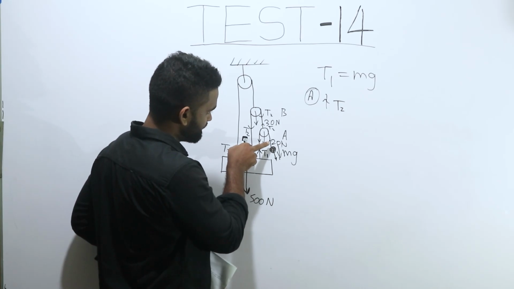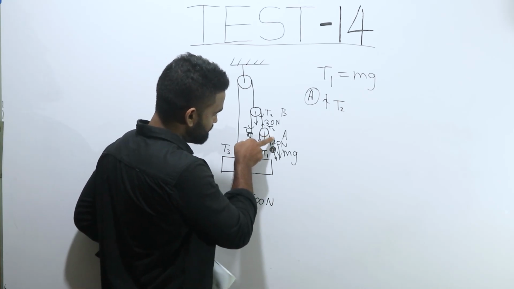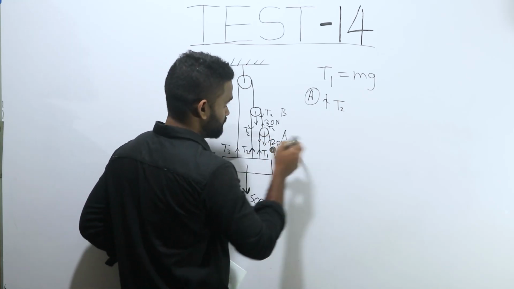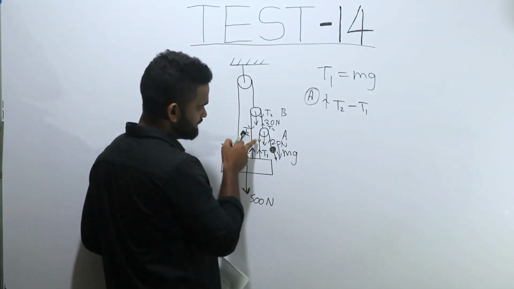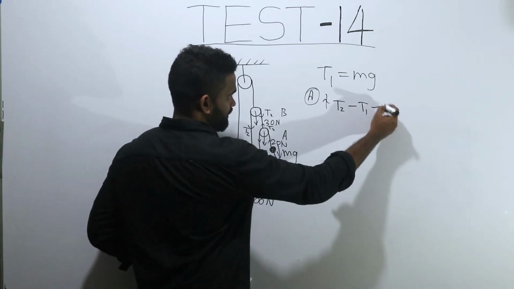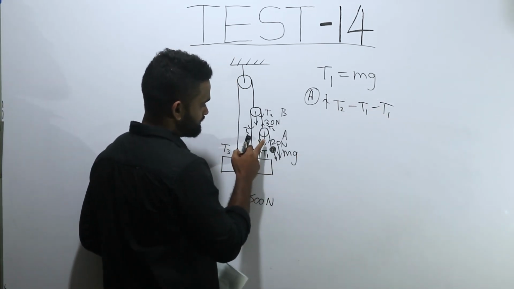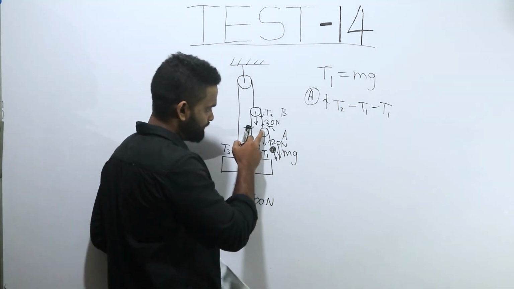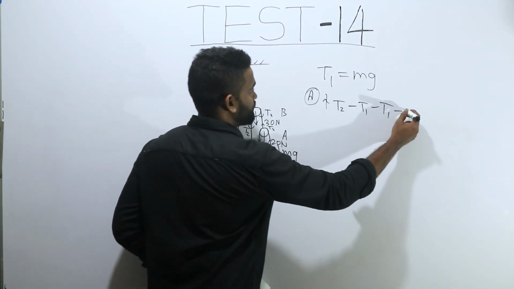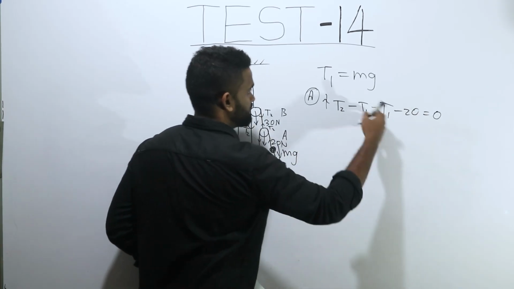Downwards there is mg, which is T1 actually. Then there's another T1 downwards. Then there is a weight as well. This pulley has a weight, so that weight is also downwards. So minus 20, this is equal to 0.